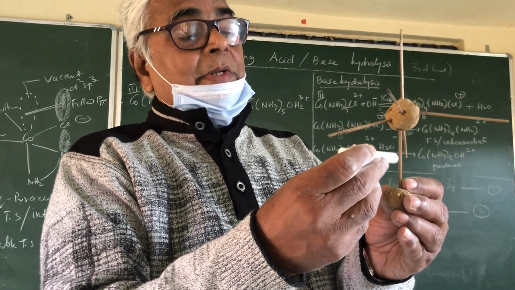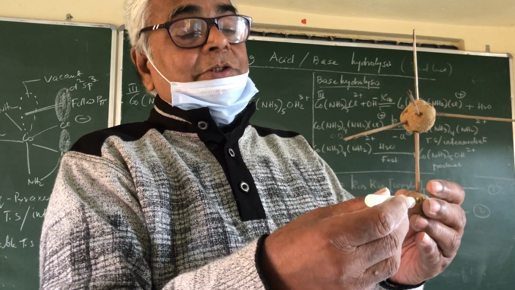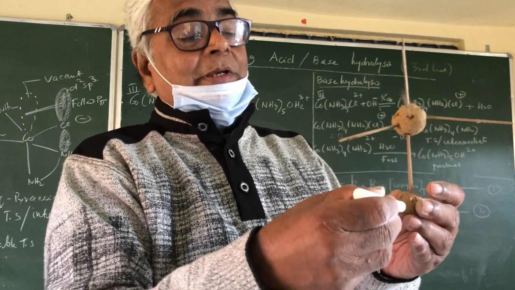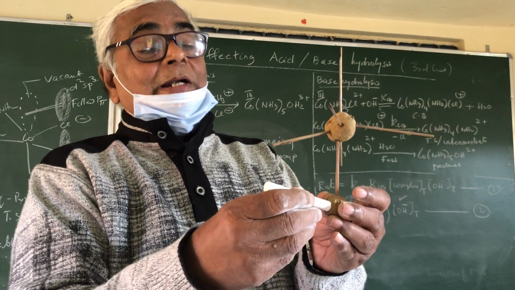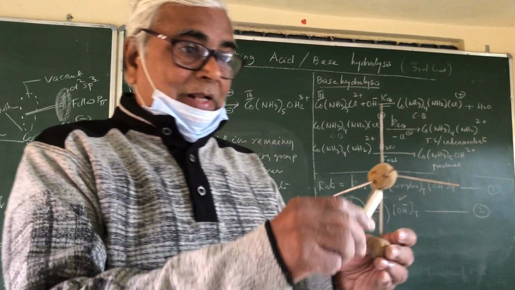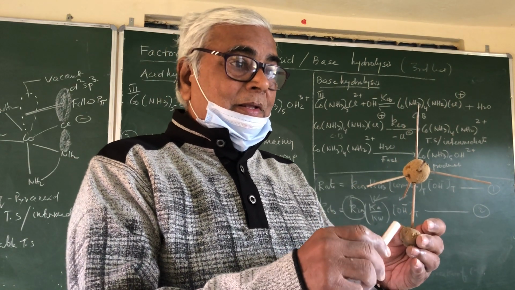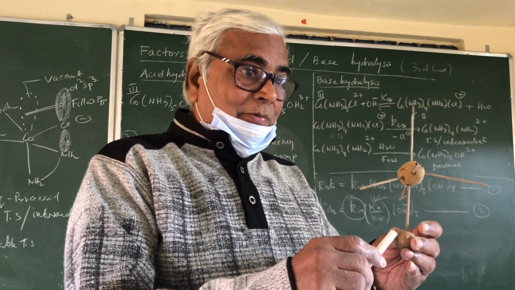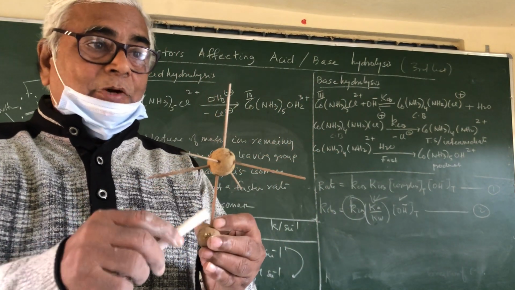The pz orbital is involved in sigma bonding. So filled px and filled py orbitals cannot form a pi bond with the vacant d2sp3 orbital. The filled pz orbital of chloride is involved in sigma bonding, and it overlaps with the vacant d2sp3 orbital of cobalt 3 forming a sigma bond.